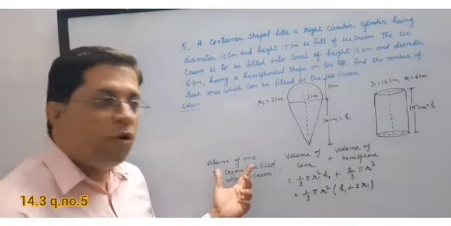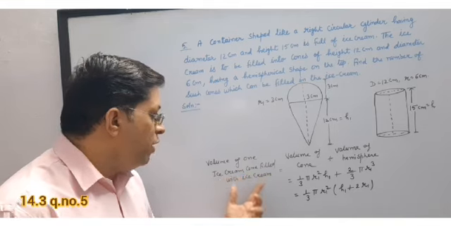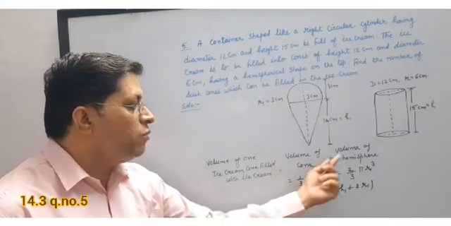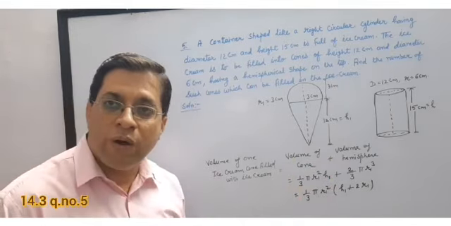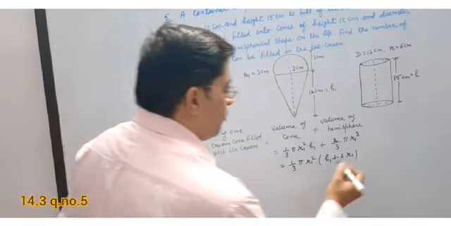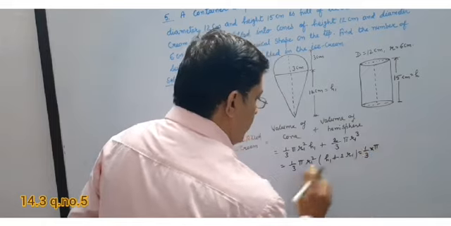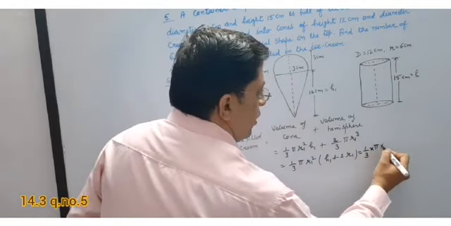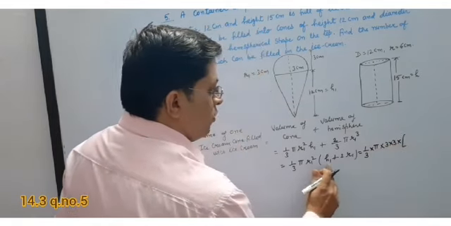Now the volume of one ice cream cone filled with ice cream is volume of cone plus volume of hemisphere, that is 1 upon 3 pi r1 square h1 plus 2 r1. Put values here: 1 upon 3 pi, r1 square, r1 is 3, so 3 into 3, then h1 plus 2r1.